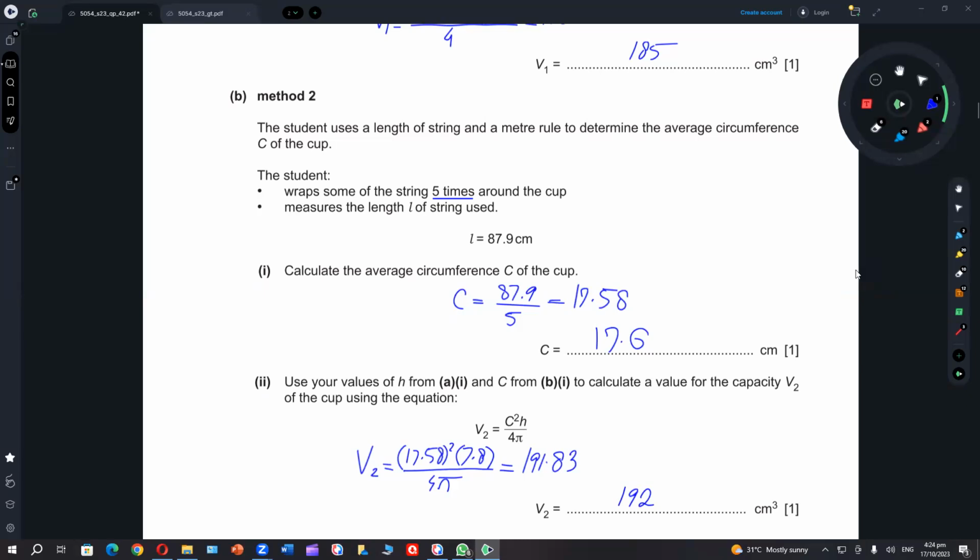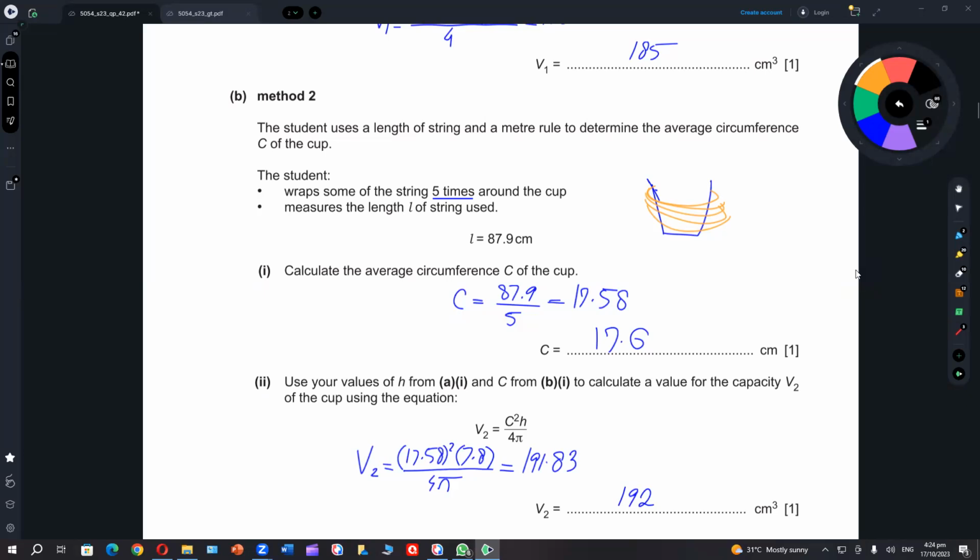So if this is the cup, what he is doing, he is wrapping it like this: 1, 2, 3, 4, 5. I think the string will be too tight if it's wrapped like that. Very good. Maybe the string is over tight. Maybe the string overlaps.